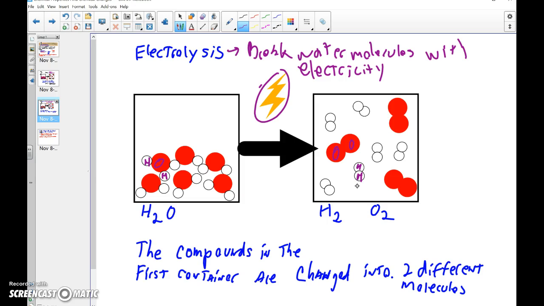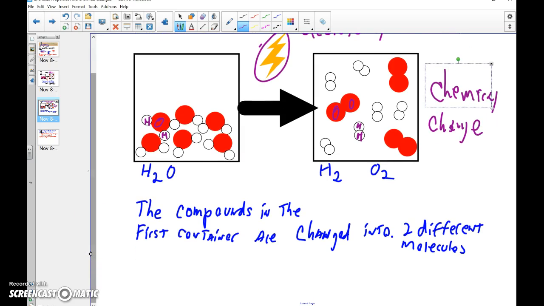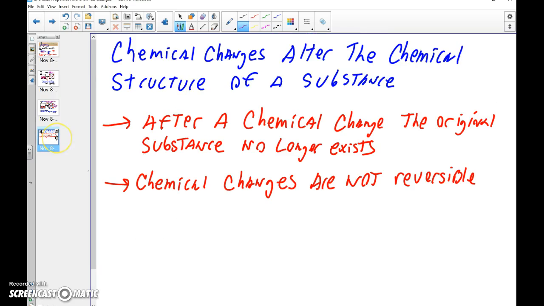And so because it's not the same thing anymore, this is a chemical change. So what you notice is that these compounds that we start with on the left in this first container are now different compounds on the right. That's the hallmark of a chemical change. And chemical changes are what occur when you observe the chemical properties of something.